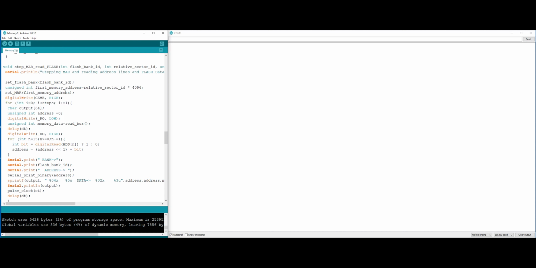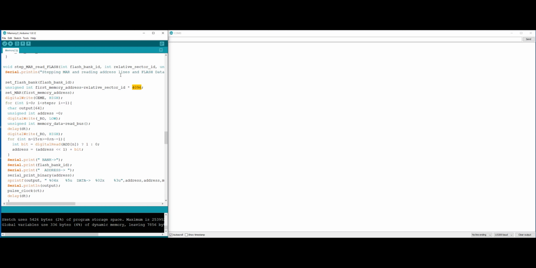The next step would be to find the first memory address that we are trying to read from. Remember that we are passing a relative sector ID to this function, and the relative sector ID needs to be multiplied by 4096. Why? Because each of our sectors is 4096 bytes long.